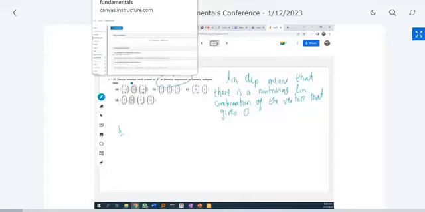So the question is, if I take 1, 7, 7, 2, 7, 7, and 3, 7, 7, I'm going to write it this way. And I'm going to take some linear combination of these three. Linear combination means I take an arbitrary constant times this one, plus an arbitrary constant times this one, plus an arbitrary constant times this one. And I get that equal to 0, 0, 0, sorry.